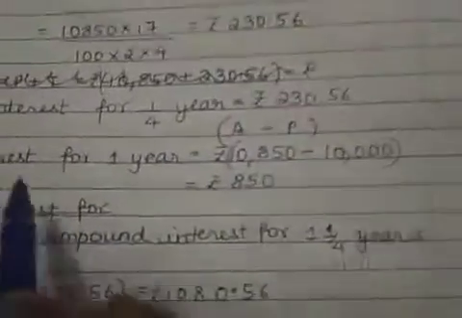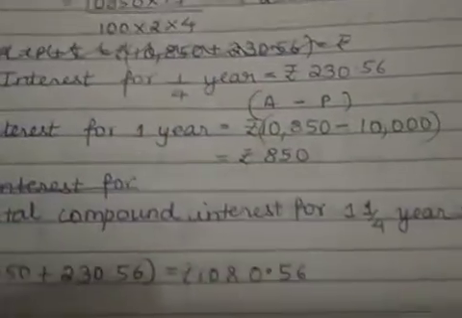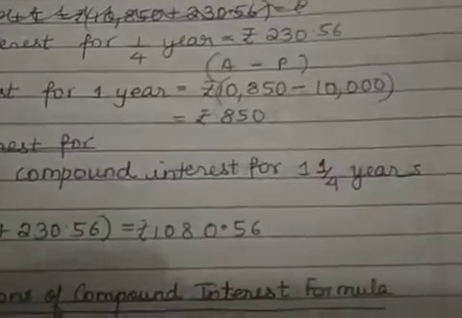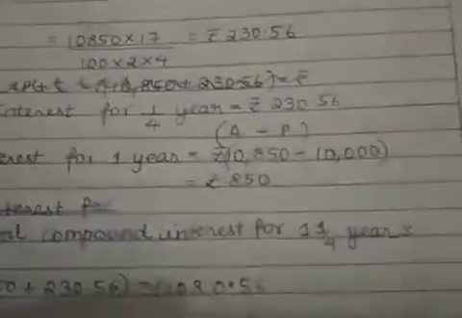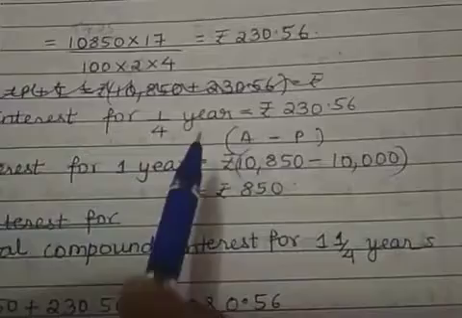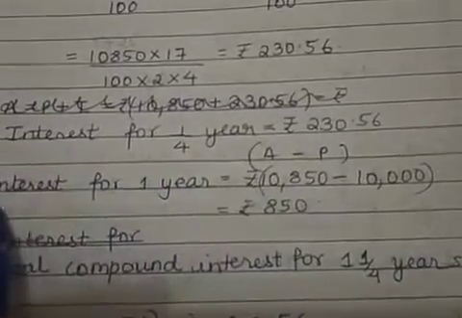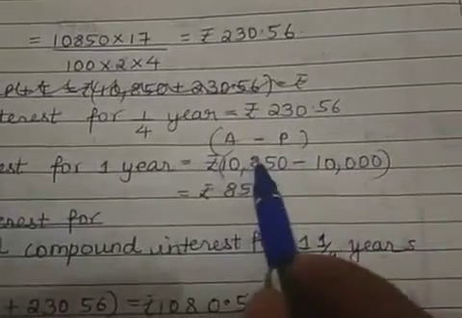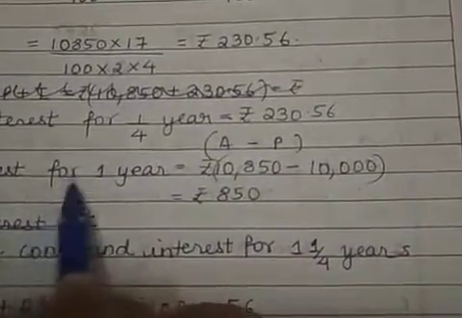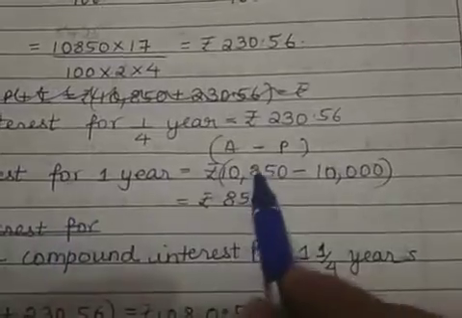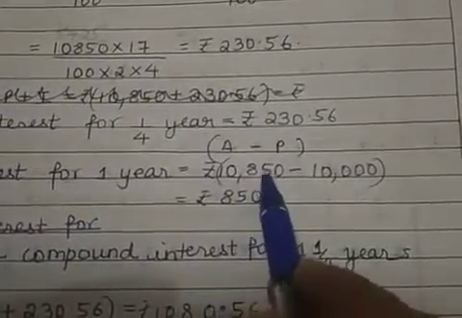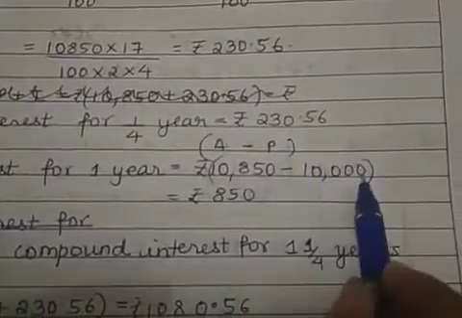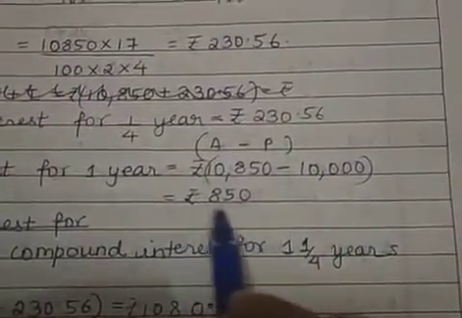Now we have to find only the compound interest. We know the amount that we got for 1 year, so to find interest we use the formula A minus P. The amount we got using the compound interest formula was 10,850, so 10,850 minus the principal amount of 10,000 gives 850.